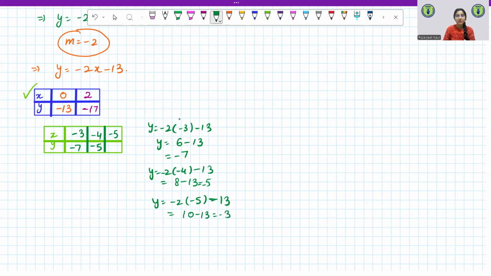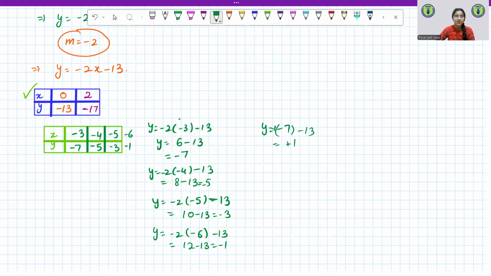It's a negative 3. And what if we take this value as negative 6? Negative 1. Very good, it's a negative 1. And what if we take the value as negative 7? It's a positive 1, right? Yeah.